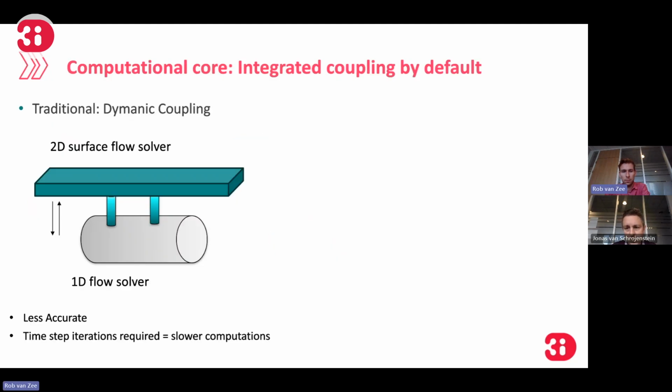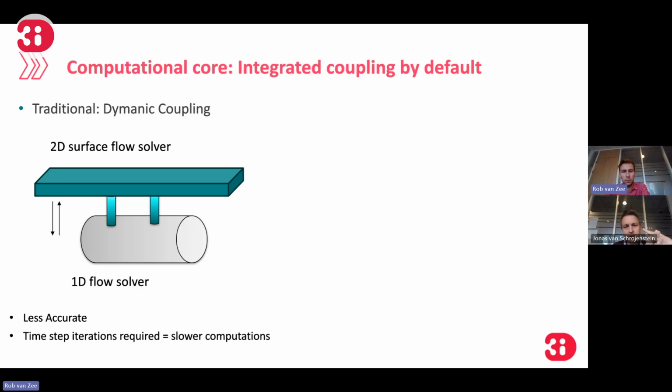And the last thing I would like to address before we go to the demo is the way that 3DI basically solves the equations for the overland flow and the sewerage system.